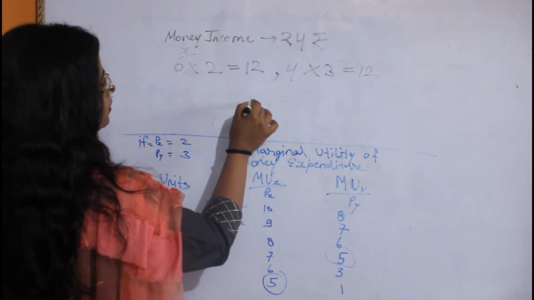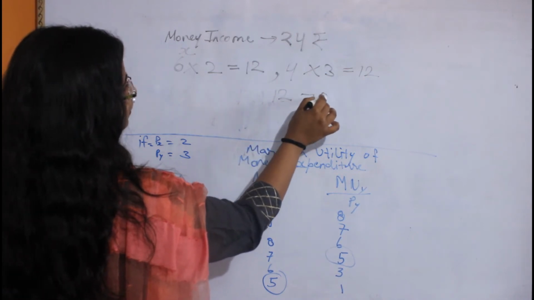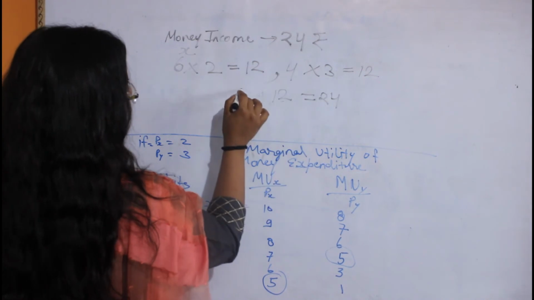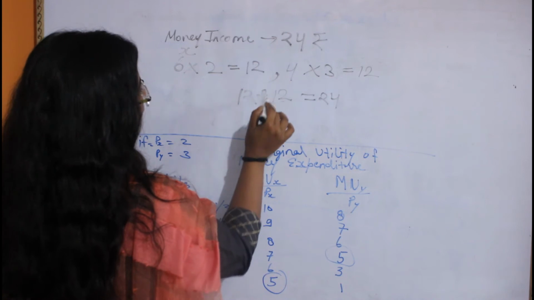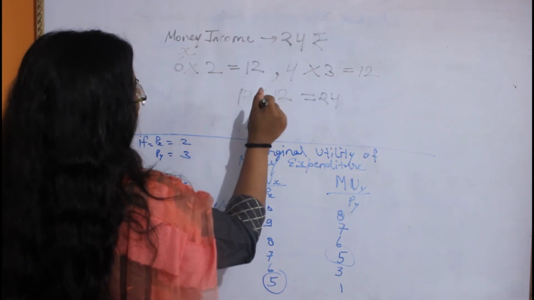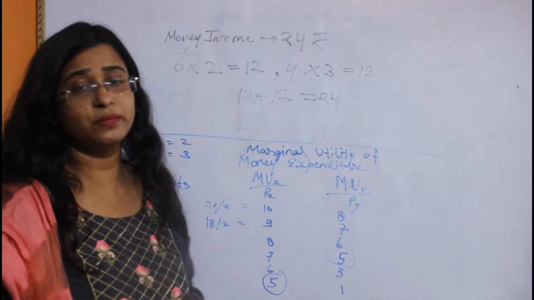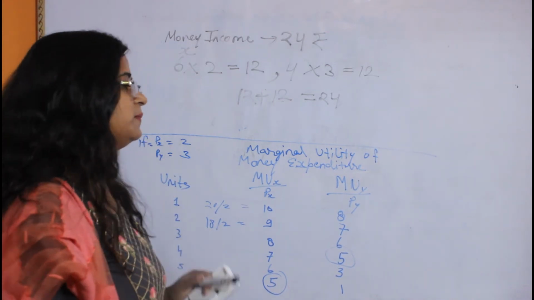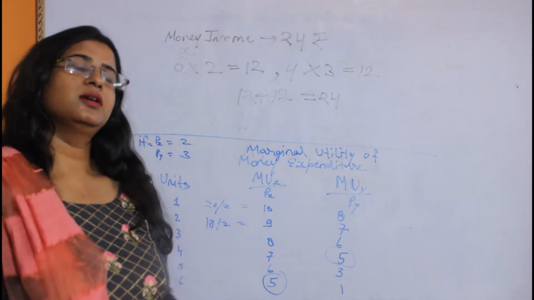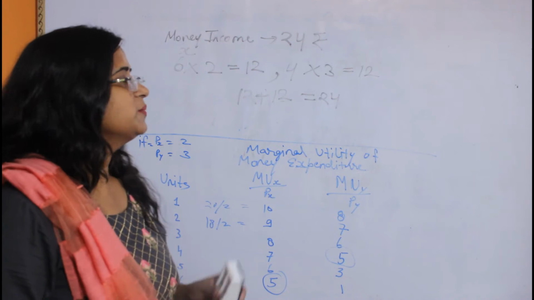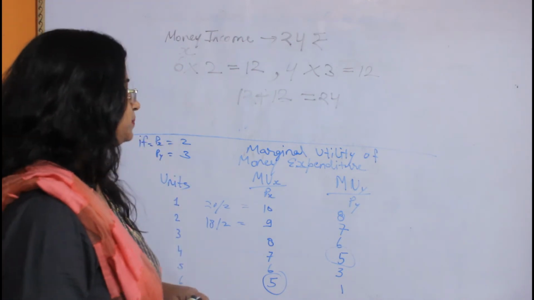So 12 plus 12 will be equal to 24. All his money is spent on this combination. So this will be the equilibrium point of the consumer using the equi-marginal utility principle.